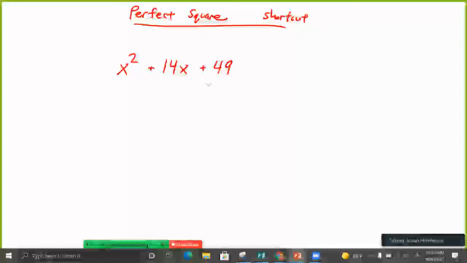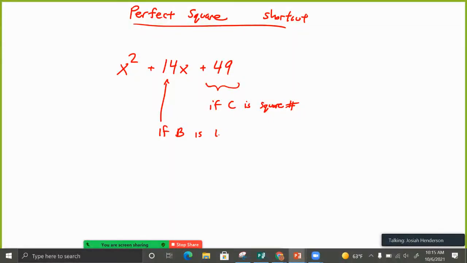However, if you notice that C is a perfect square, just like the perfect squares we had last time, like x squared and 169, 16, those are square numbers. So if C is a square number, like 49 is 7 squared, and then you check B. If B is double the square root of C, then this whole thing factors to x plus 7, the square root of C, squared.